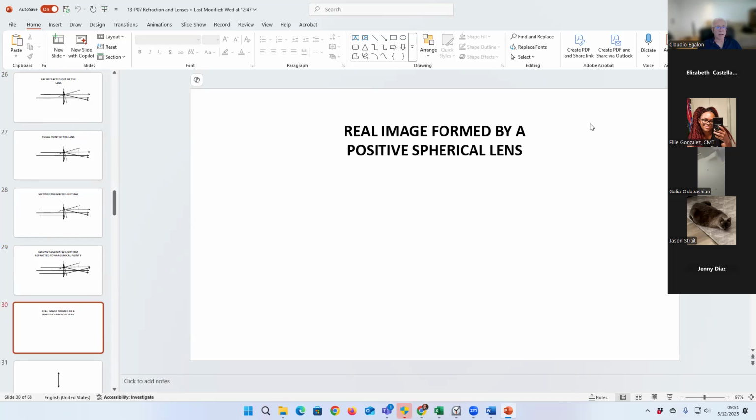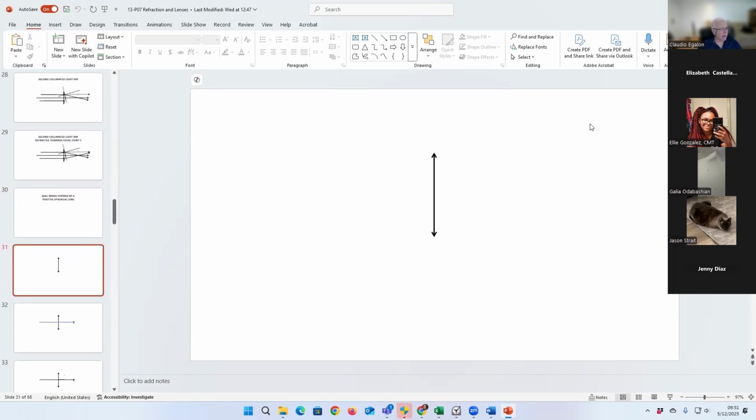Let's go through the process of forming a real image by a positive lens. Instead of drawing lenses with curvature, we just represent the lens by this double arrow illustration. That's the representation of a positive lens. A negative lens is all the way around.